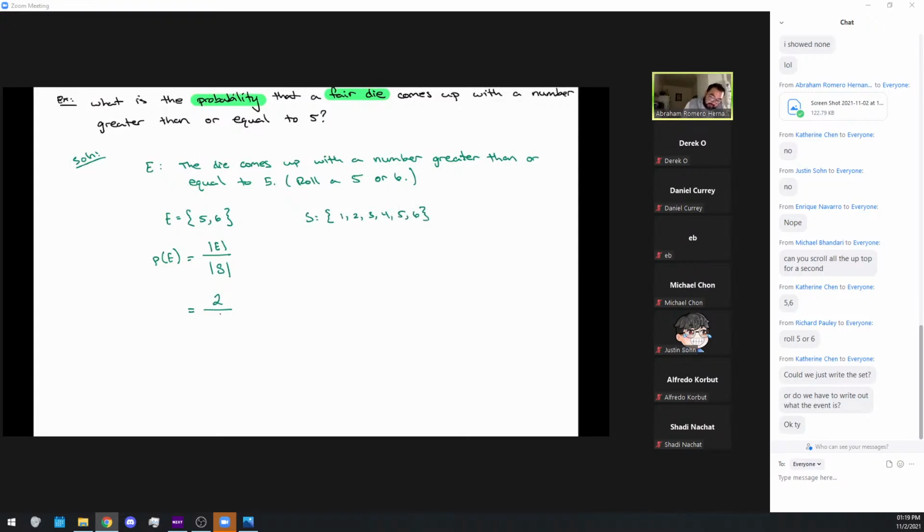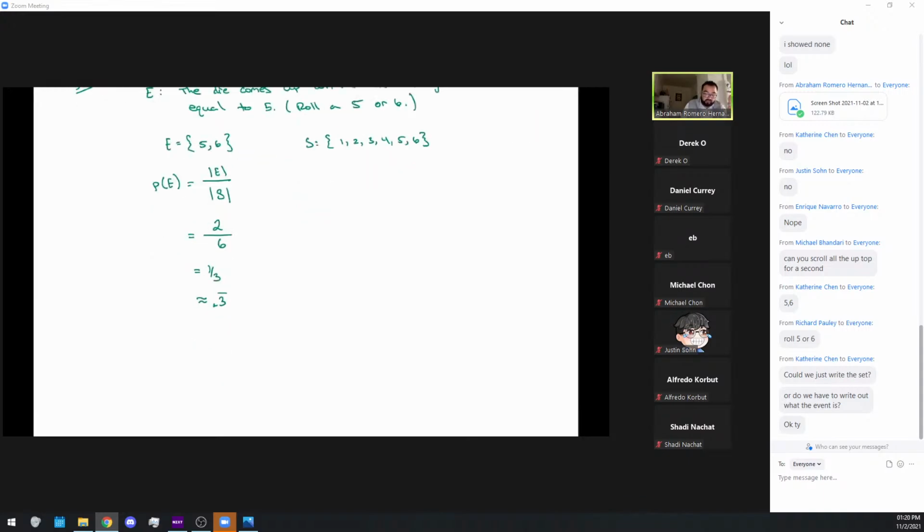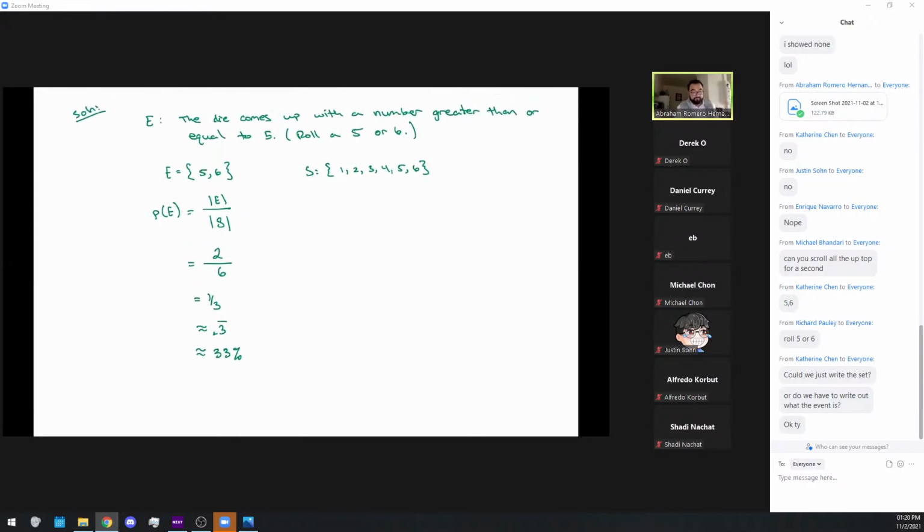So that's going to be 2/6, which is simply 1/3, which is approximately 33%, or 0.3. If you want to change it to percent, that's approximately 33%. Any questions on that? Okay.